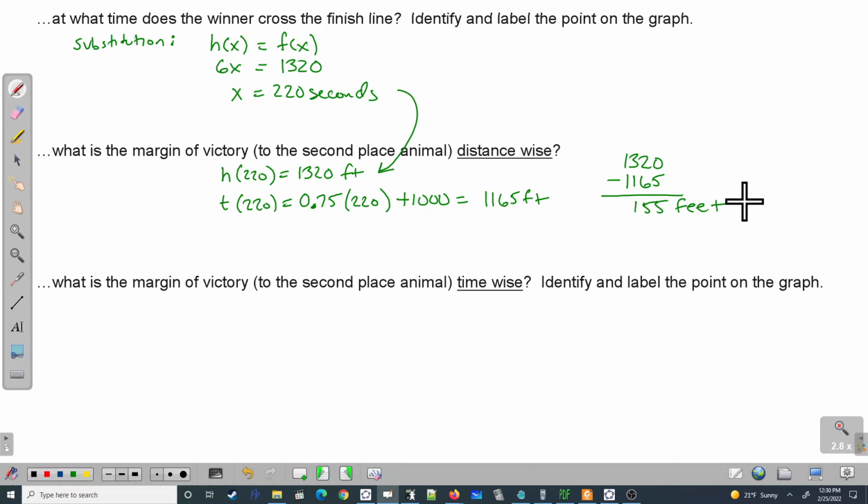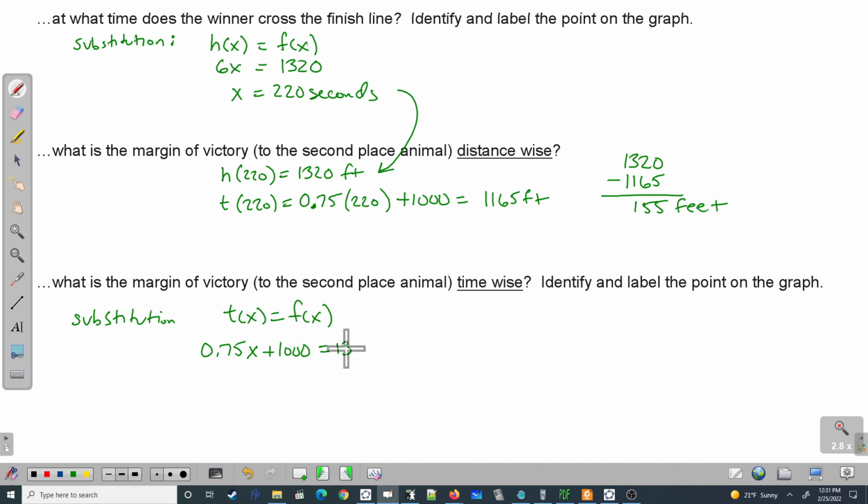I'm also going to ask you, literally, what was the time difference? And really, the reason I'm doing this one is so we can get just a little bit more practice of doing exactly what we did up here. AKA, let's substitute where we've set T of x equal to the finish line. We go 0.75x plus 1,000.